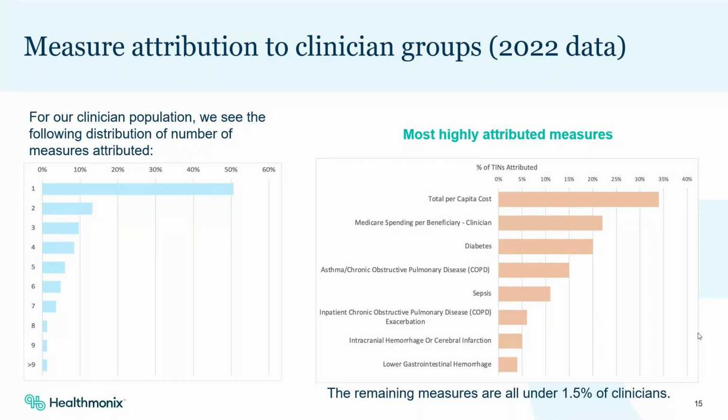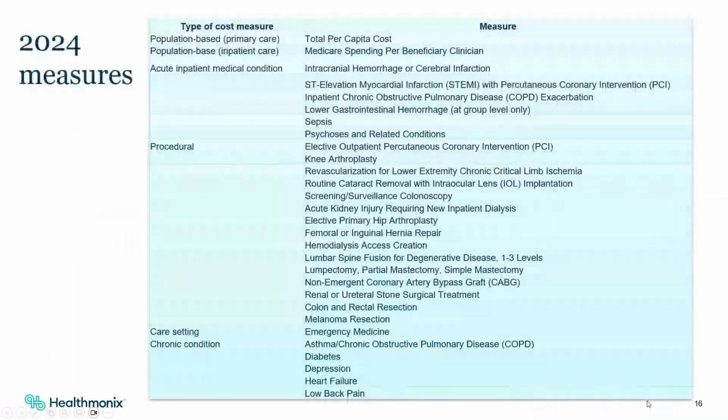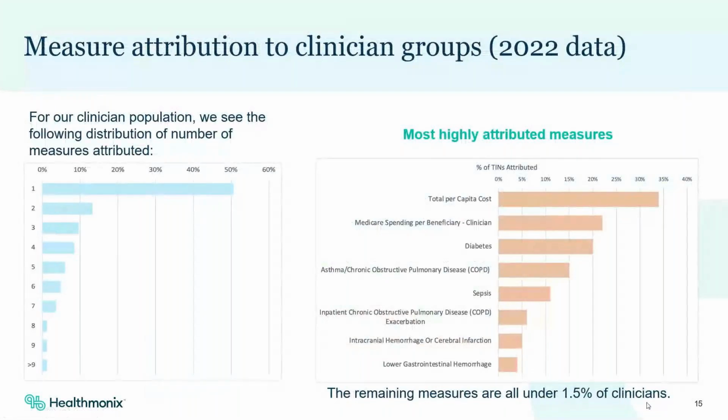And a lot of those are the TPCC measure, followed by the MSPB, and then the diabetes, which is a chronic condition, as asthma is also a chronic condition, and then the others there are more procedural. And then anything that's not shown here is under 1.5%.